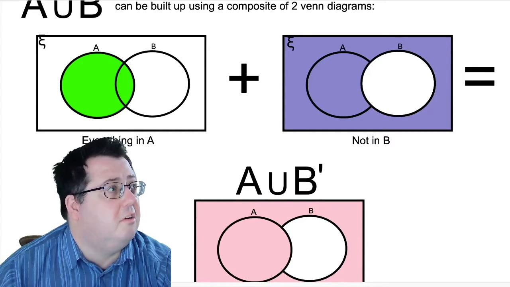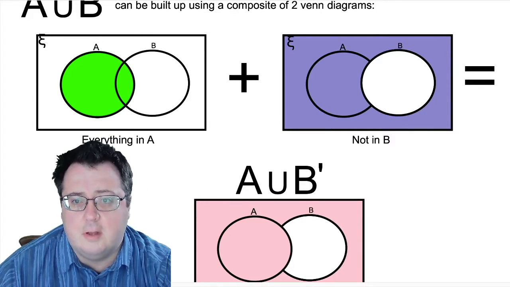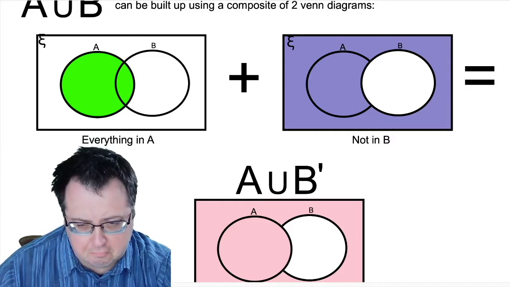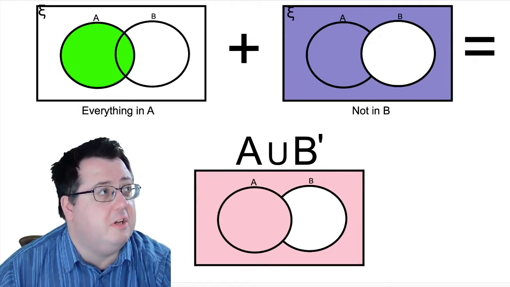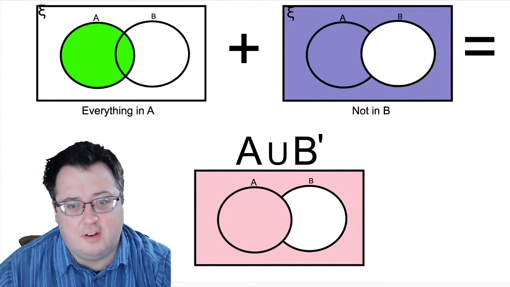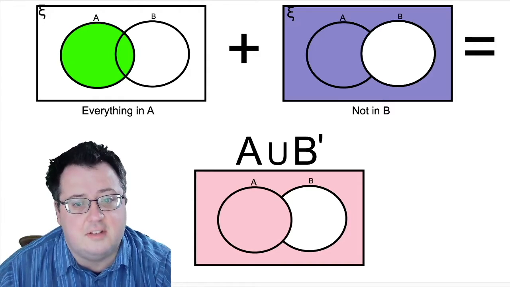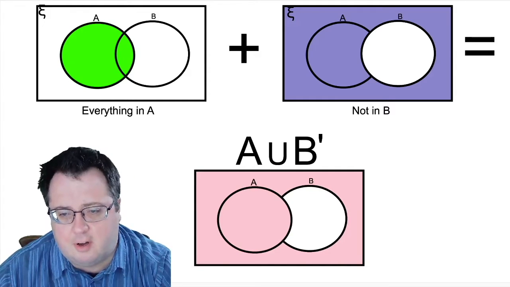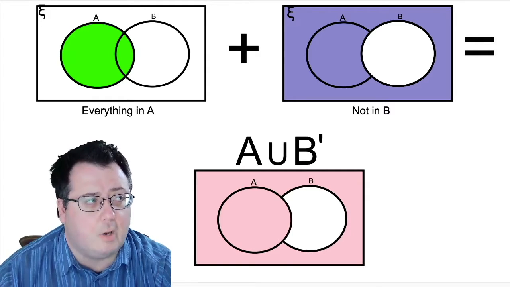And then if you're looking for not in B, it's everything outside of B. And if you add those two pictures together, you will get A union B not. So there is a slight overlap into B from A, because everything inside of A is allowed. But that part of B will not be allowed. Okay.